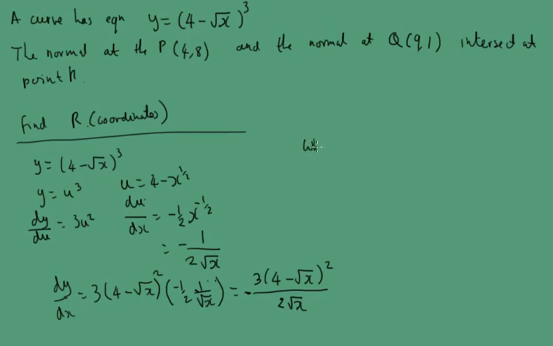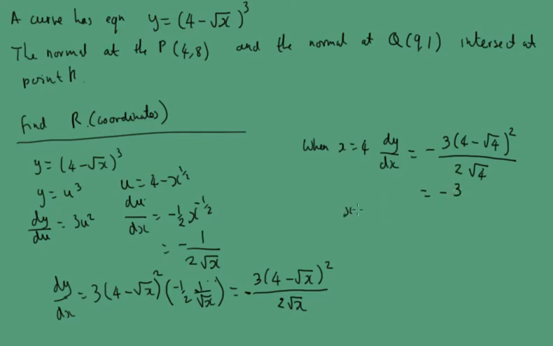So when x equals 4, dy/dx is going to be -3(4 - √4)² / (2√4). So that's going to be -3.